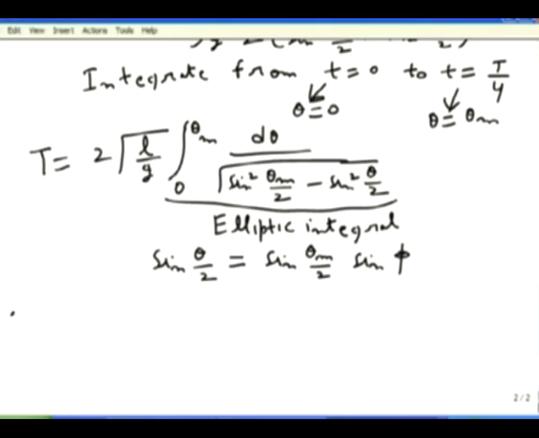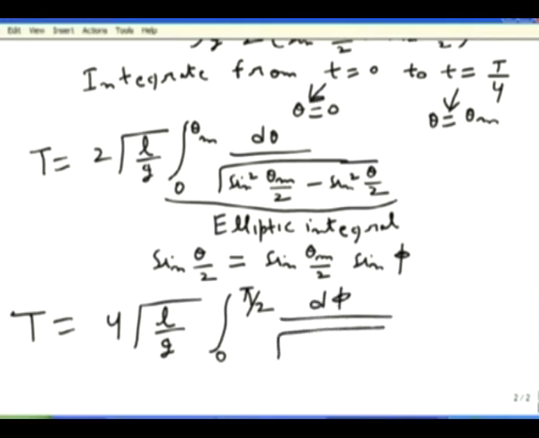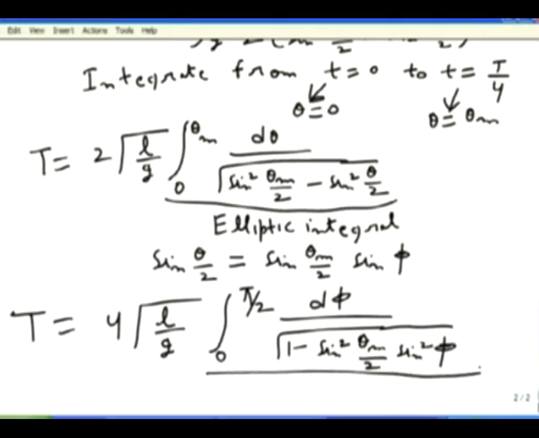So, therefore, time period T can be written as 4 under root L by g integral from 0 to pi by 2 d phi under root 1 minus sin square theta m by 2 sin square phi. This type of integration has come in a standard form, because limits are 0 to pi by 2.